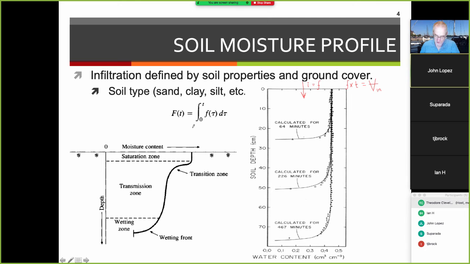And in this particular case, they're using the symbol cap F for that. So the infiltration rate is dependent on where the wetting front is at any moment in time. And so the total volume that has infiltrated as a function of time is the integral from 0 to that time of the infiltration rate d tau, because the infiltration rate is going to change with time.